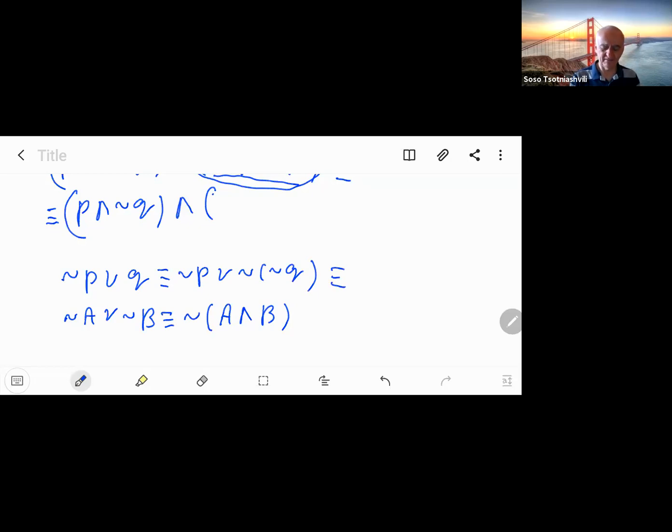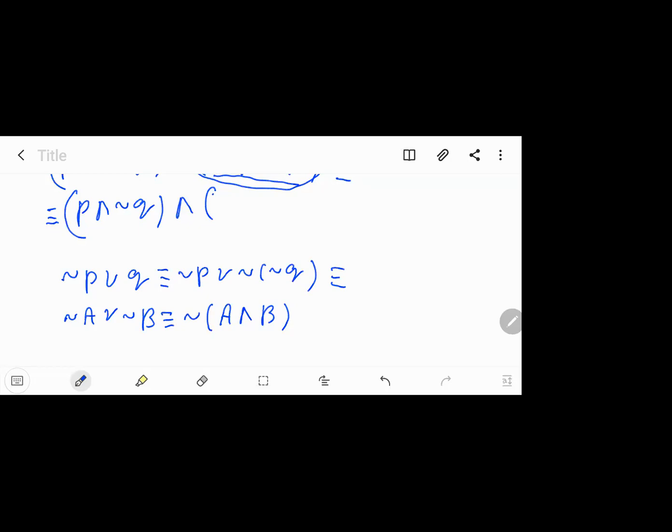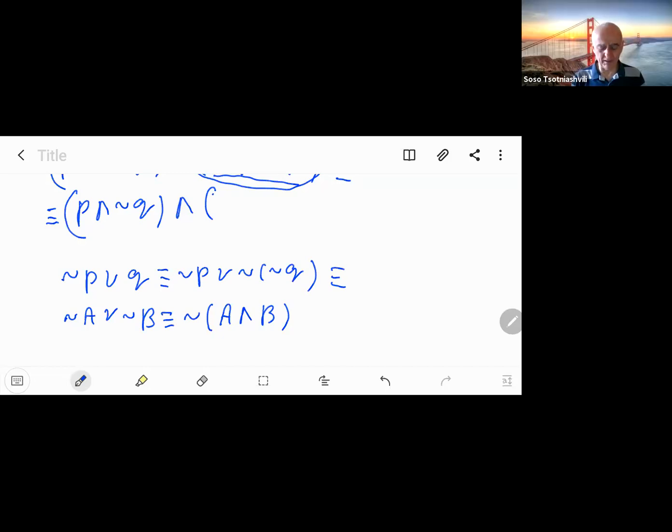Agree or disagree? Agree. It's true, because we know very well double negation, the negation of not Q is Q again. Now I will use this formula, De Morgan's rule, for this particular case.